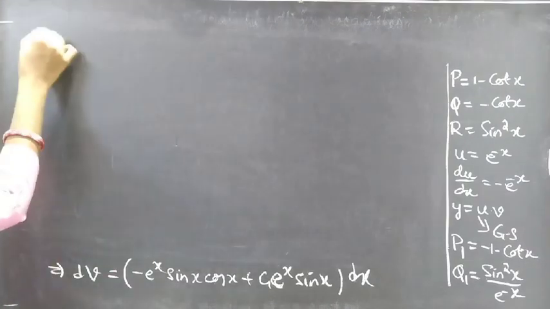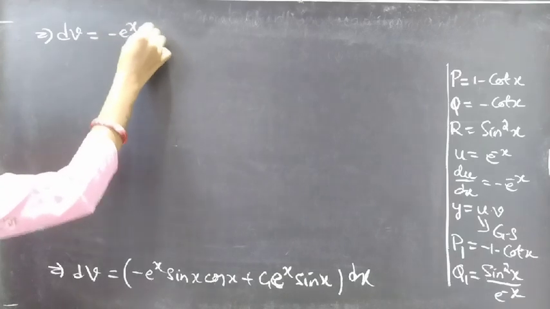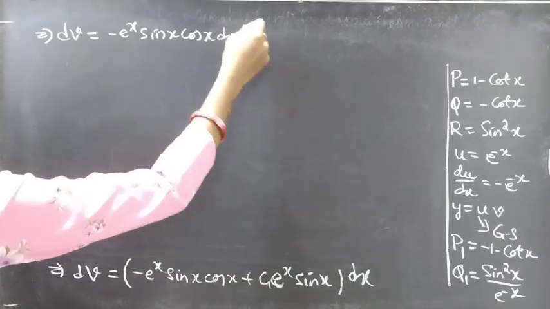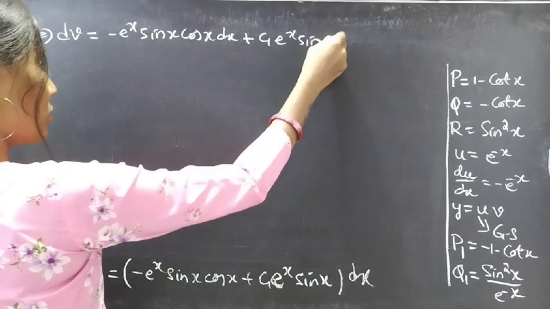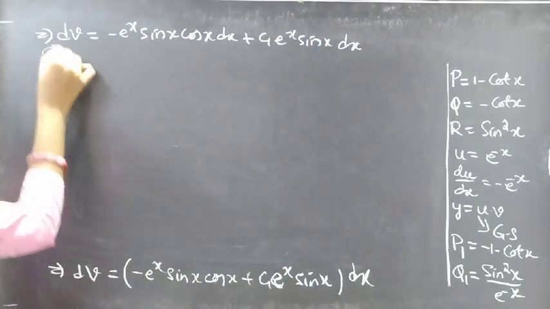Now this equation becomes dv equal to minus e power x sin x cos x dx plus c1 e power x sin x dx. Here the variables are separable, right? So we can perform integration.